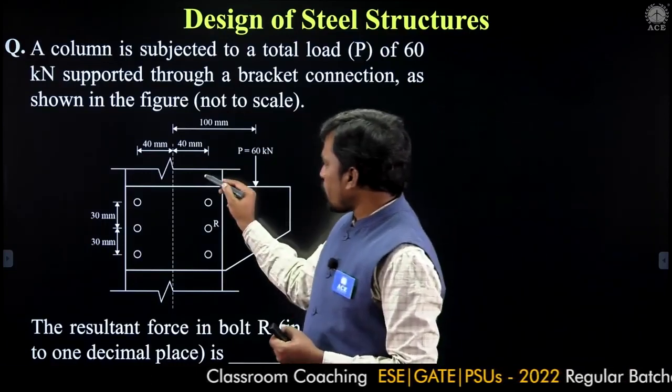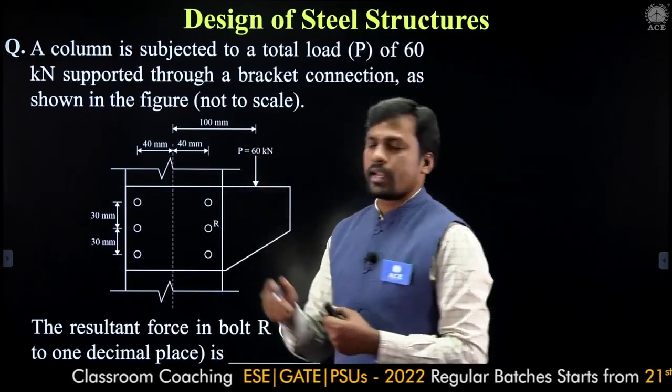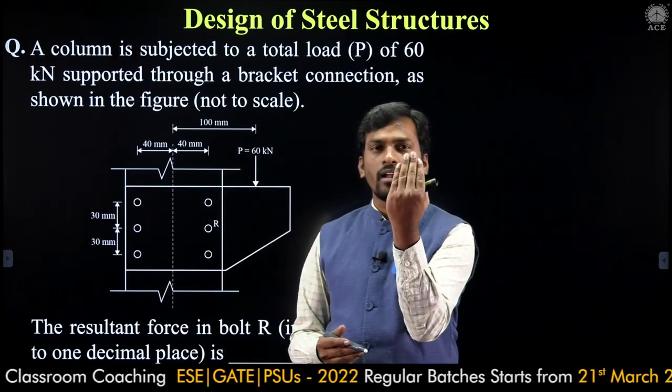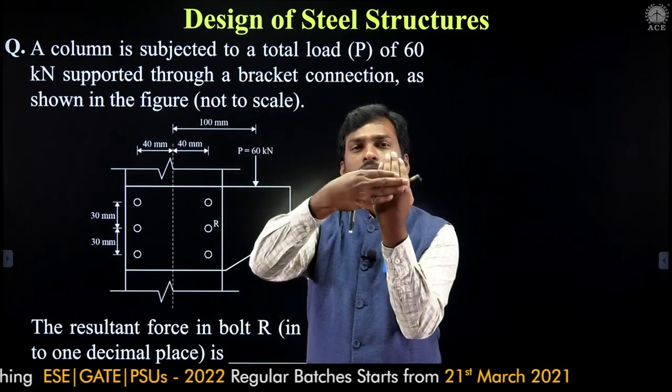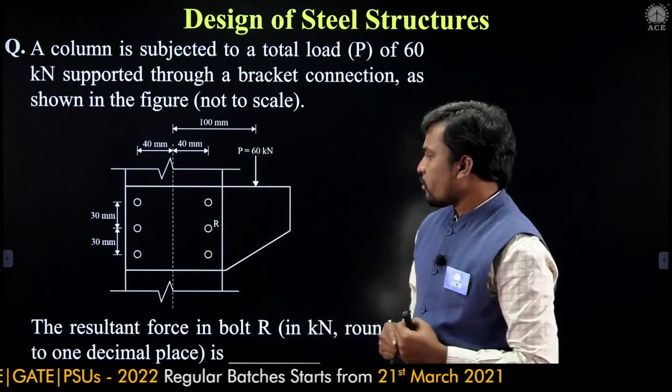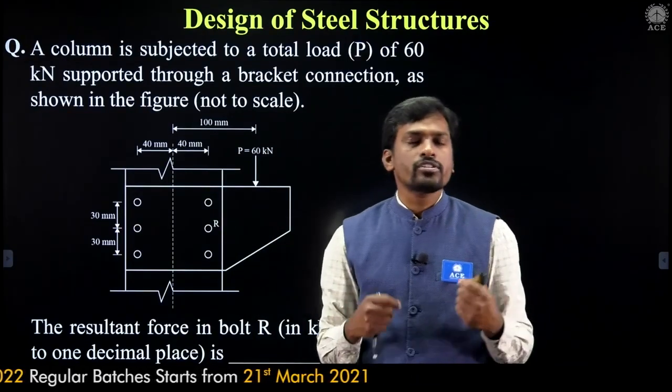So this is the column and this is the bracket. The bracket is connected to the column like this. Now this is called a type 1 connection. Now tell me, these bolts are subjected to which forces?